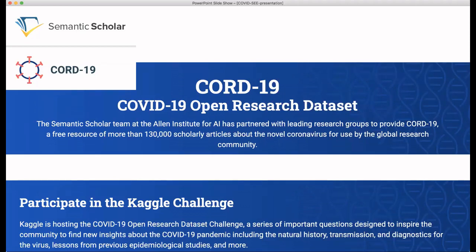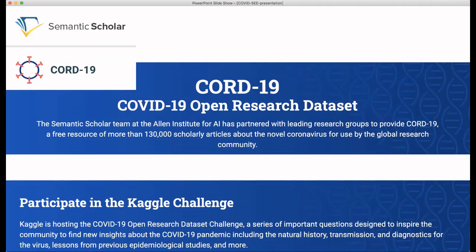A Kaggle task was announced around a collection of COVID-19 literature that was being collected in partnership with the Allen Institute for AI, also including the National Library of Medicine, Microsoft, and a number of other partners. And they were collecting articles on both COVID-19 and other related coronaviruses.